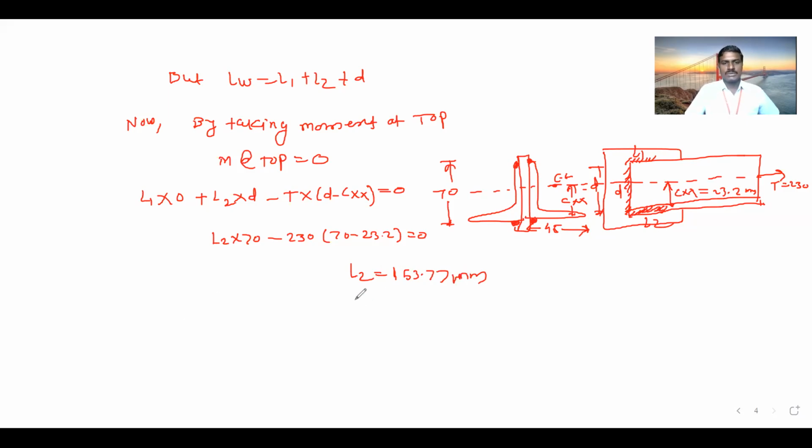Okay, so we assume L2 is equal to 155 mm, correct?